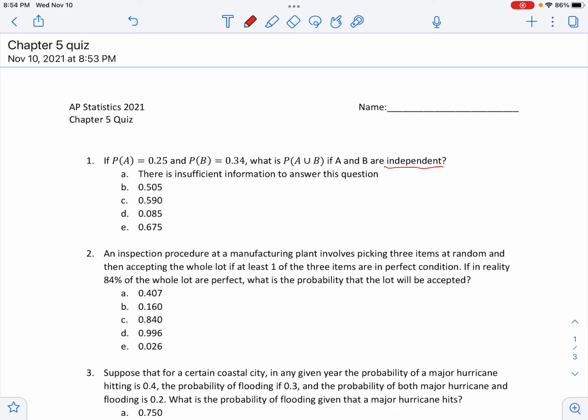And so in order to find the probability of A or B, I can just simply add their two probabilities. So the probability of A union B when events are independent is just the probability of A plus the probability of B. So add those up, 0.25 plus 0.34, and the correct answer here is C.